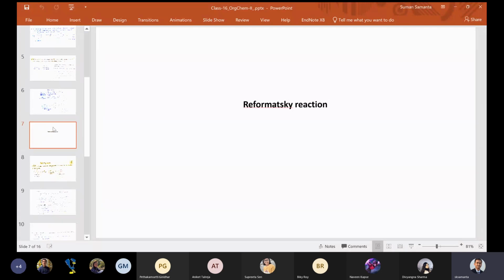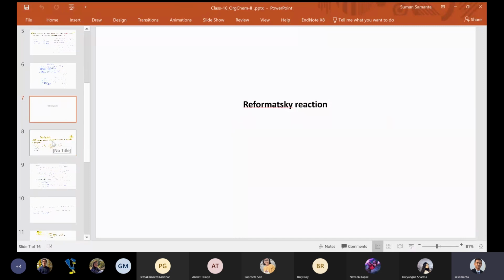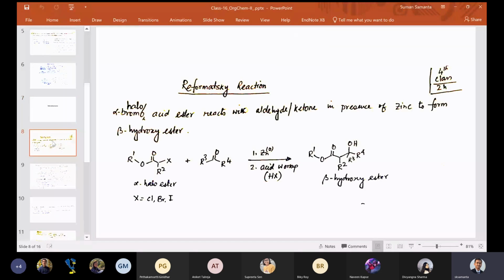Since we have some more time, we will do one more reaction today. That is your Reformatsky reaction. What is the Reformatsky reaction? We have seen already the organomagnesium compound, which is called Grignard reagent.